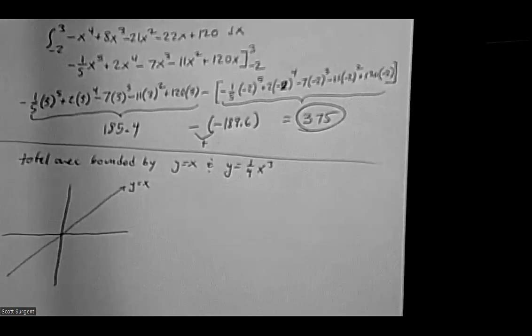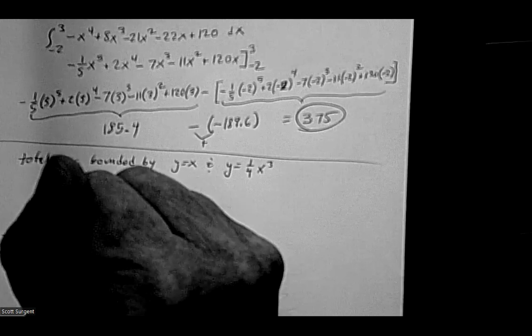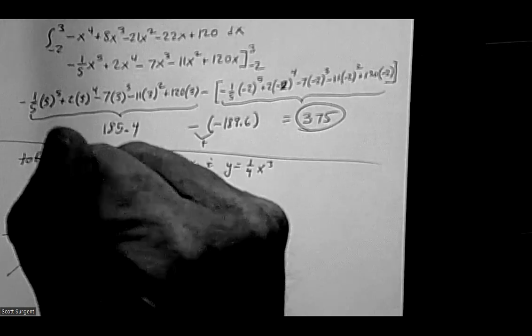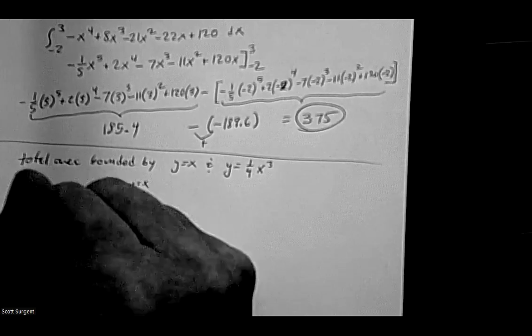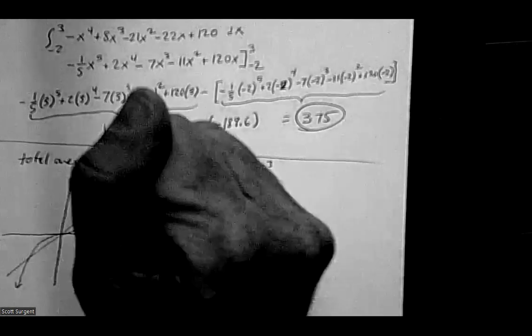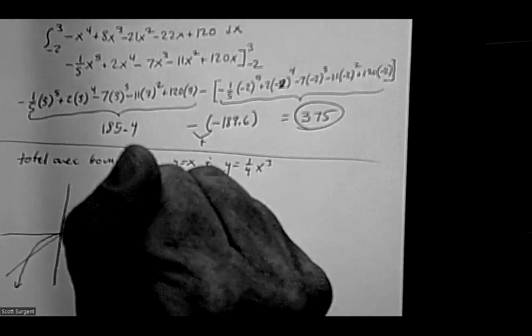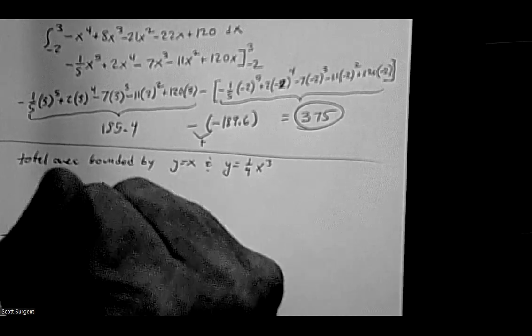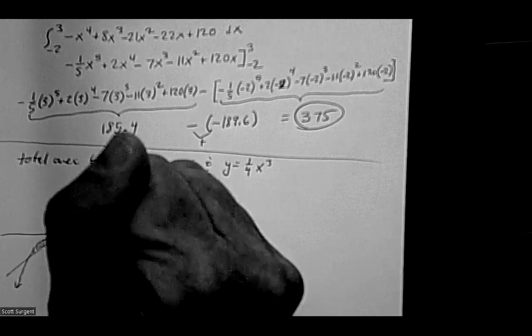Y equals 1/4 x cubed is the cubic function, kind of suppressed a little bit. It's going to look something like this. So the curvy function is 1/4 x cubed. The total area is going to be these two little wedges here.